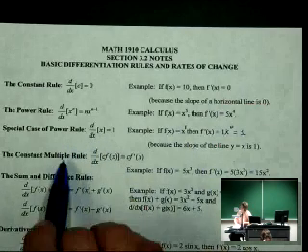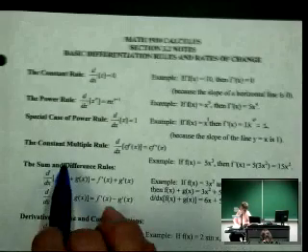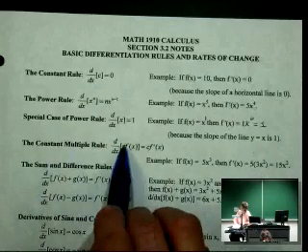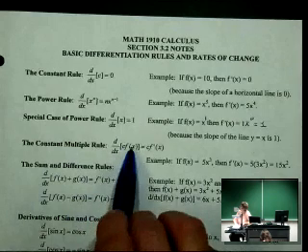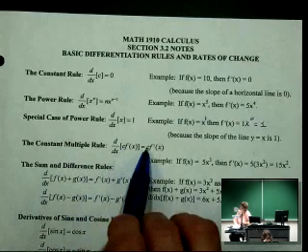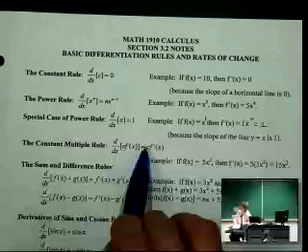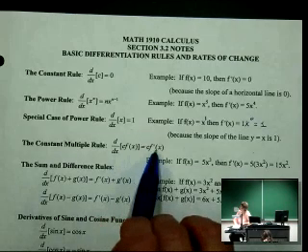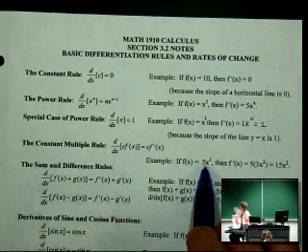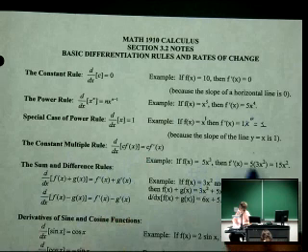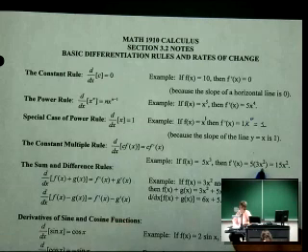The constant multiple rule says if you have the derivative of a constant times a function, you can just keep up with the constant and take the derivative of the function. For example, if you have 5x cubed, you can just keep up with the 5 and differentiate the x cubed, and then 5 times 3x squared is 15x squared.